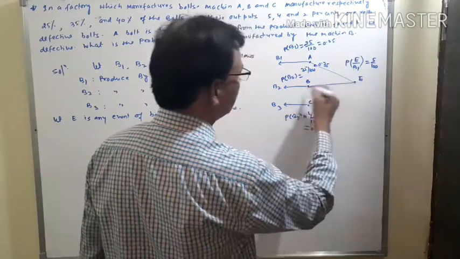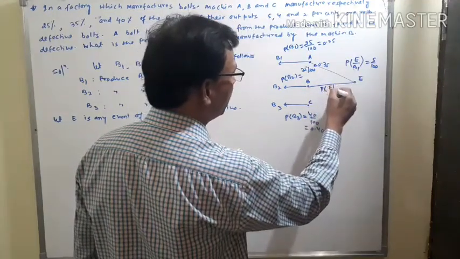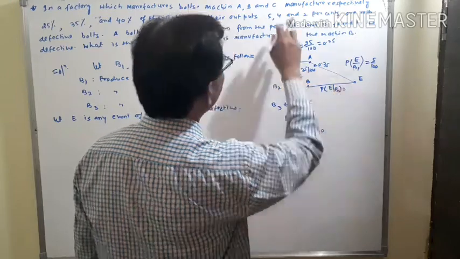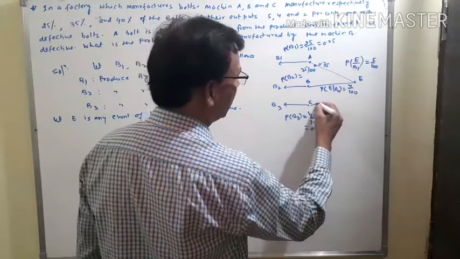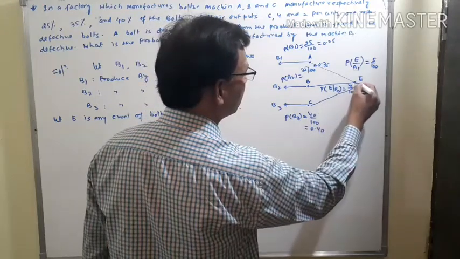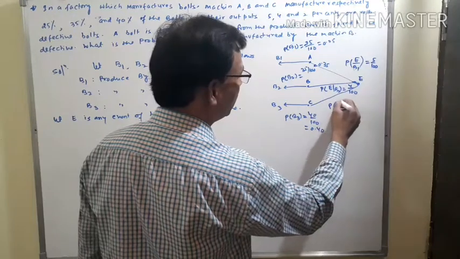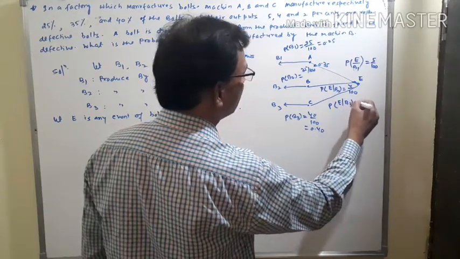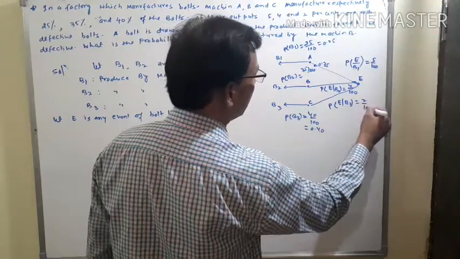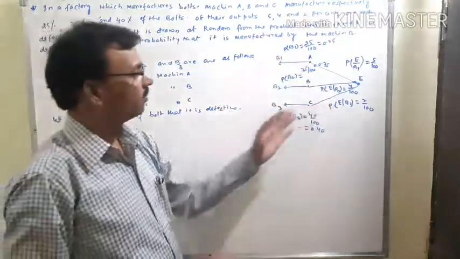By machine B, this will be the probability of E slash B2, this will be 4%, that means 4 upon 100. And by C, this will be the probability of E slash B3 is equal to 2 upon 100. This is the tree diagram.